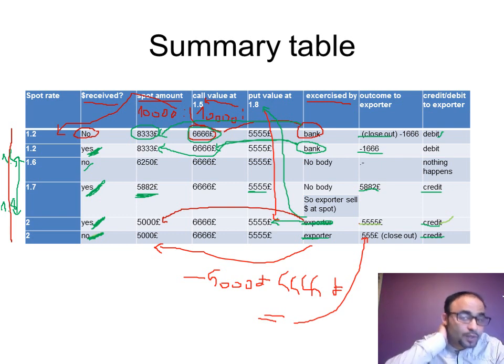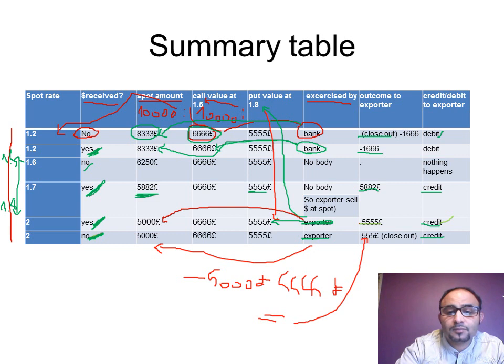Now, if we take the other example of the same spot rate, but here we're lucky, we got the money. So yes, we received the money. Once again, 1.2 is below the call option, which is 1.5. So in this case, it will again be exercised by the bank.